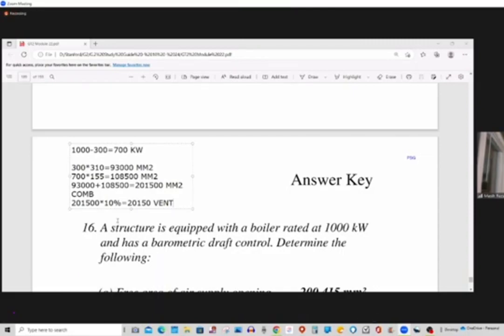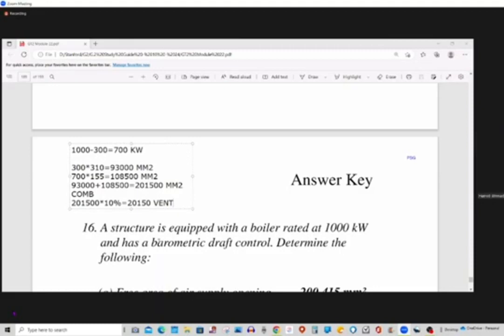Okay, in the book on 8.4.2, it says you need a permanent air supply opening with an area not less than 1 square inch per 7,000 BTU, or up to and including 300 kilowatt.